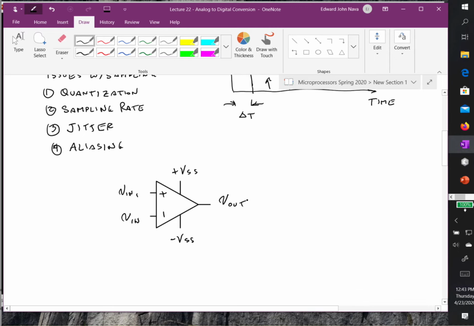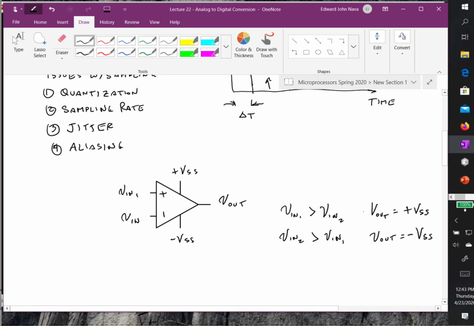So if V in 1 is greater than V in 2, then V out will be equal to plus VSS. And if V in 2 is greater than V in 1, then V out will be equal to minus VSS.